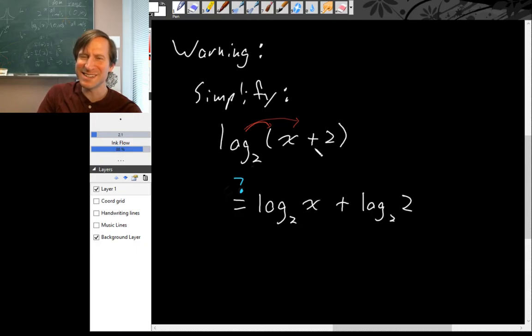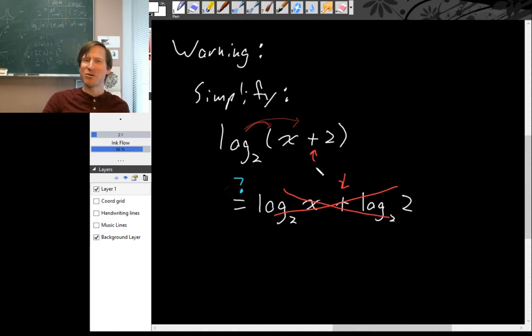Well, if you look at this, it has a sum inside and outside, but that can't be right. When a sum is outside a logarithm, inside the logarithm you should have a product. So these two things are definitely not the same. So this is wrong. So you might go flipping through a math book looking for some rule about logarithms that has a sum on the inside.